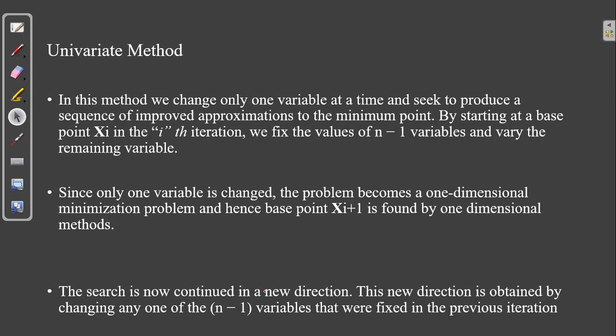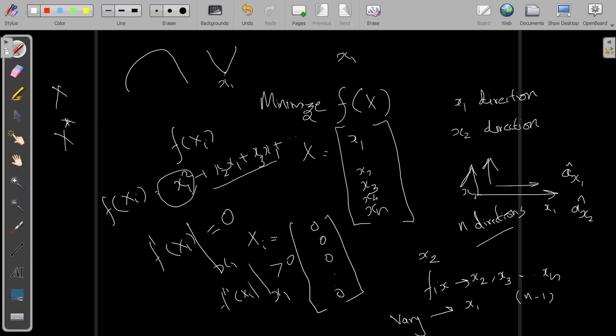The new direction is obtained by changing any one of the n minus 1 variables that were fixed in the previous iteration. That means initially we have fixed x2, x3, x4, etc. xn variables, and we have varied x1, right?